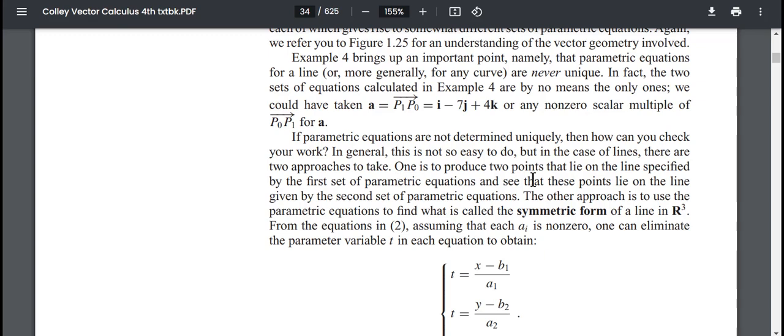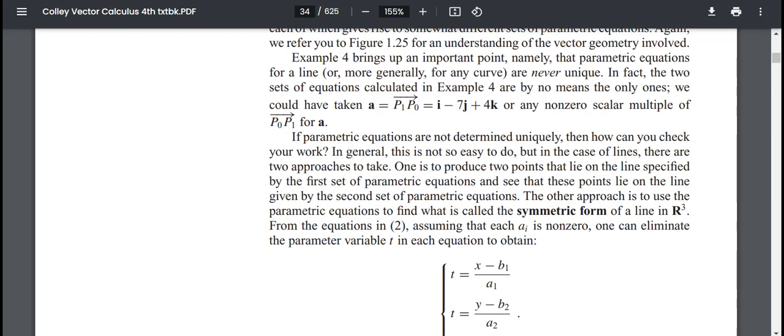So we can find 2 points that lie on our first set of parametric equations, and then see that these points also lie on the second set of parametric equations. That's one way to check that if we get two different sets of parametric equations, that they both specify the same line, because if they both contain the 2 points on the line, then they must specify the same line.